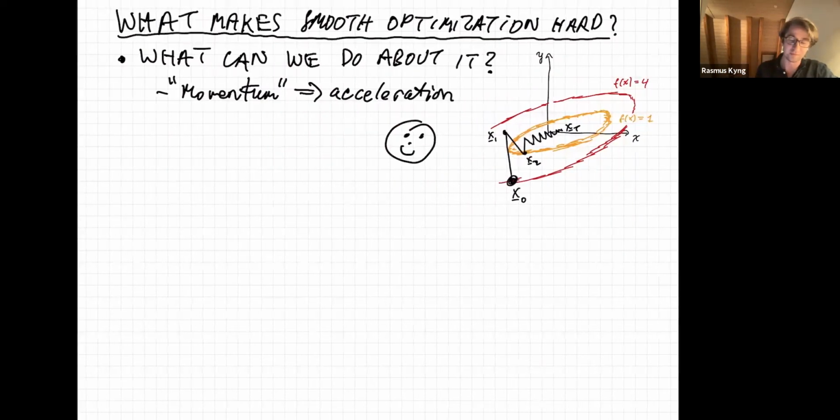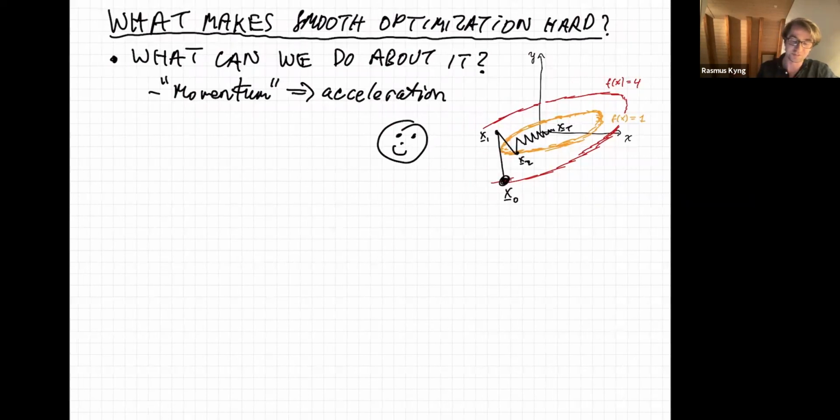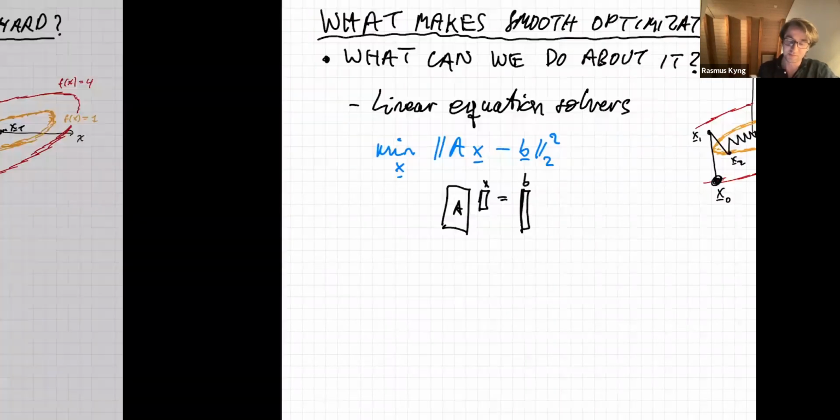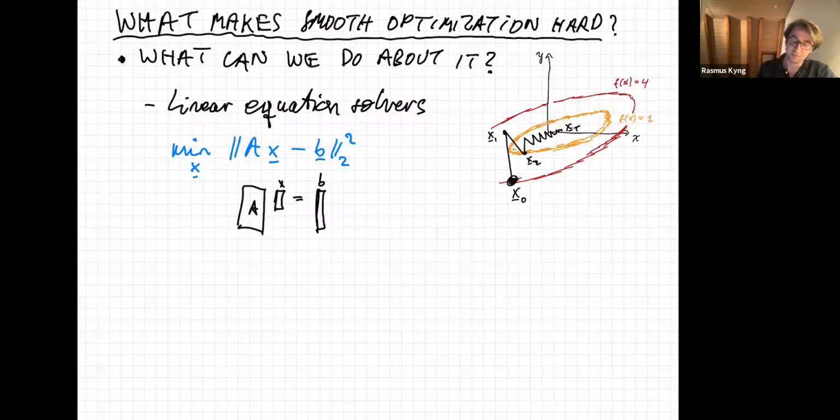Okay, so that's one of the main things we can do in smooth optimization land to go faster. There's another thing. So one of the main smooth problems we care about is basically linear equations. So here I'm thinking about minimizing over x, the 2-norm squared of Ax minus b.